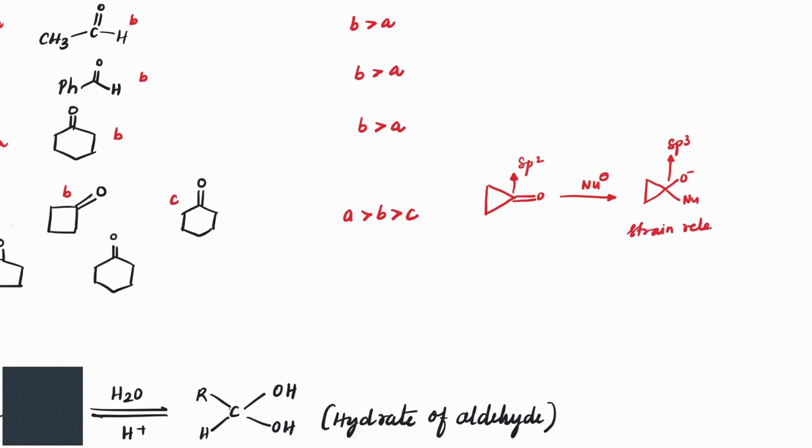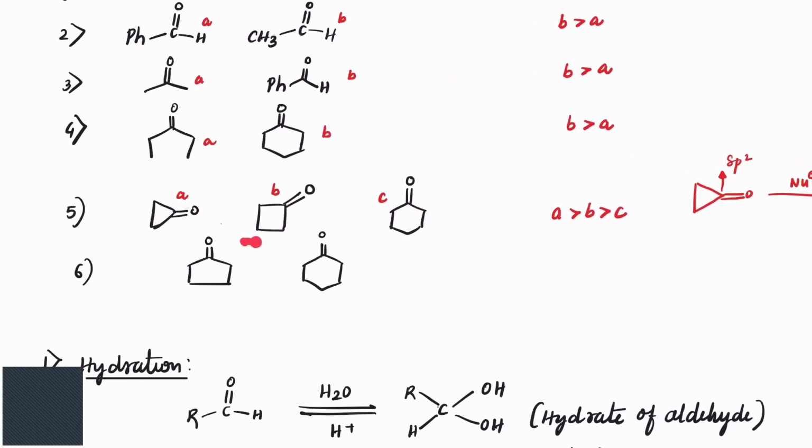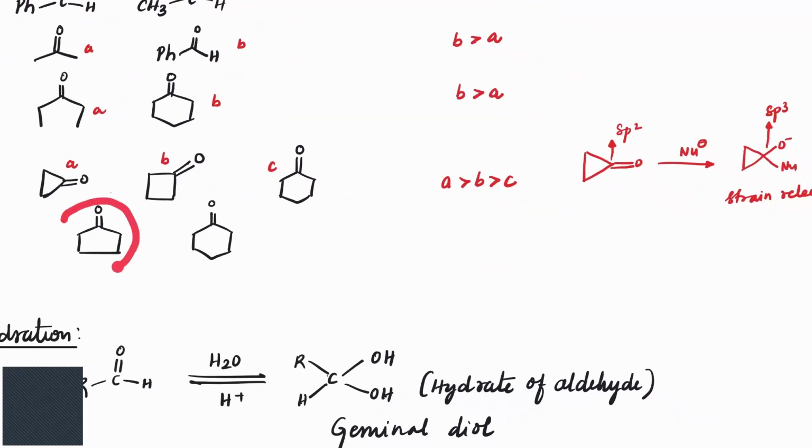Strain release. So due to strong strain release nature, this cyclopropanone would be more reactive as compared to that of cyclohexanone or cyclobutanone and so on. Only the case differs slightly when you have a cyclopentyl group versus a cyclohexyl group. In that case, we are expecting cyclopentyl, but here the reactivity changes.